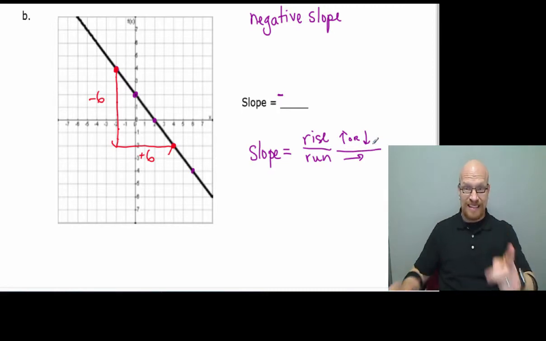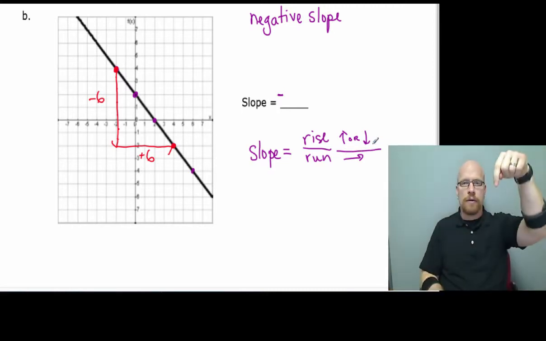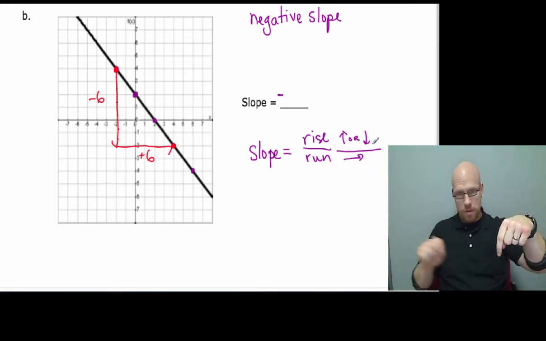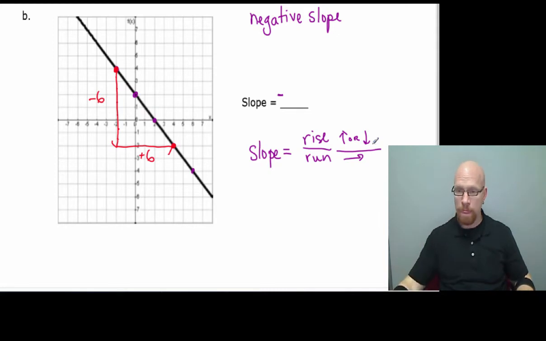You can see what we're using. We have -6 for our rise, which is 6 down. We go to our level at the second point, and then go to the right and meet our point on the line.